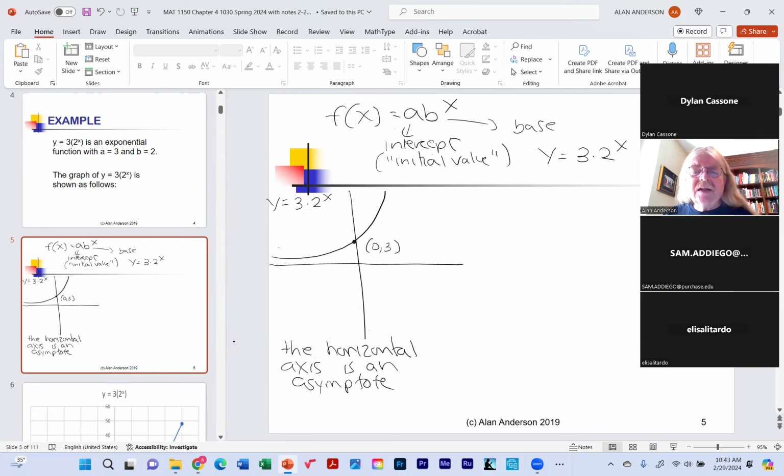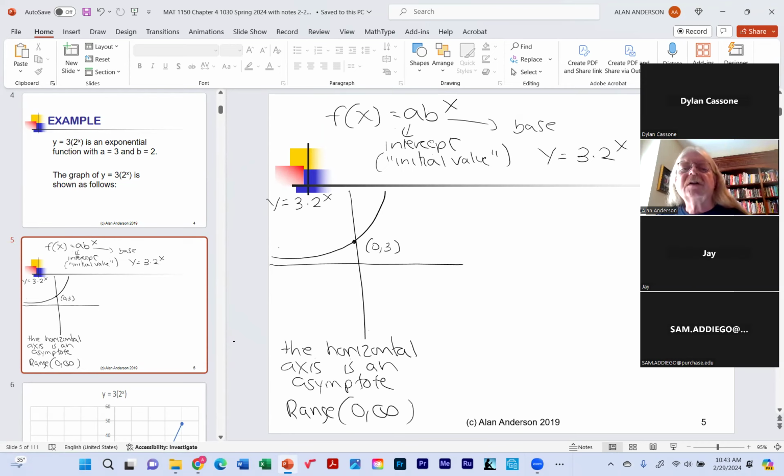And that implies that the range is everything from 0 up to infinity, but not including the 0 itself. On the other hand, the domain, if you notice, has no restrictions on x.